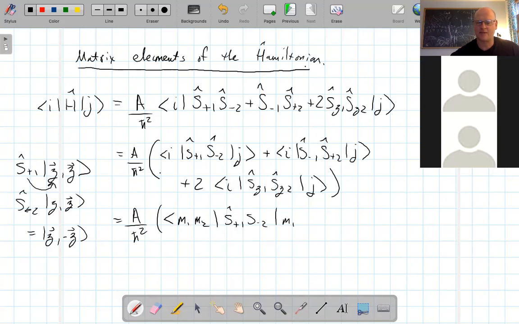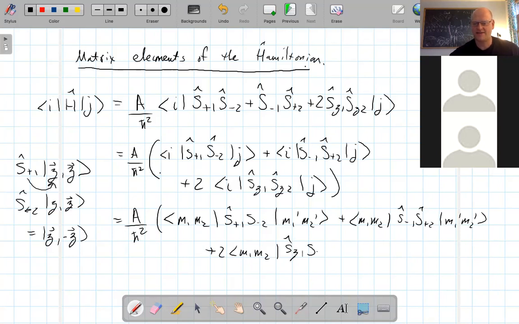Then I'm going to write this as M1 prime, M2 prime, plus M1, M2, S minus 1, S plus 2, M1 prime, M2 prime, plus 2 times M1, M2, SZ1, SZ2, M1 prime, M2 prime. Because again, the raising and lowering operators only act onto the M component, so they don't do anything to the S component, so I'm not going to bother writing the S components.